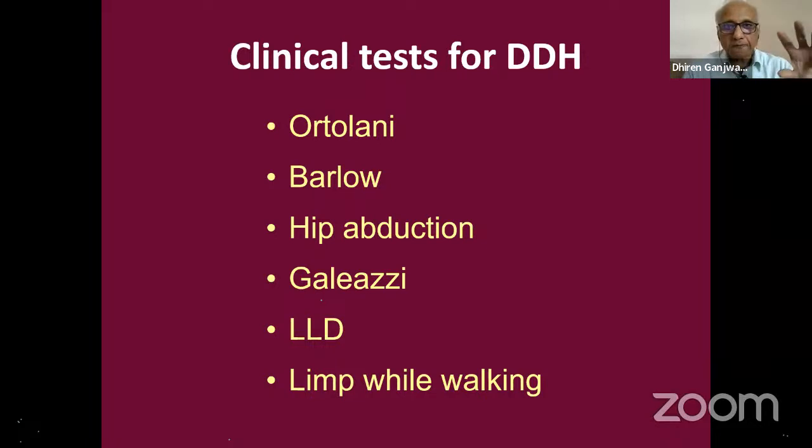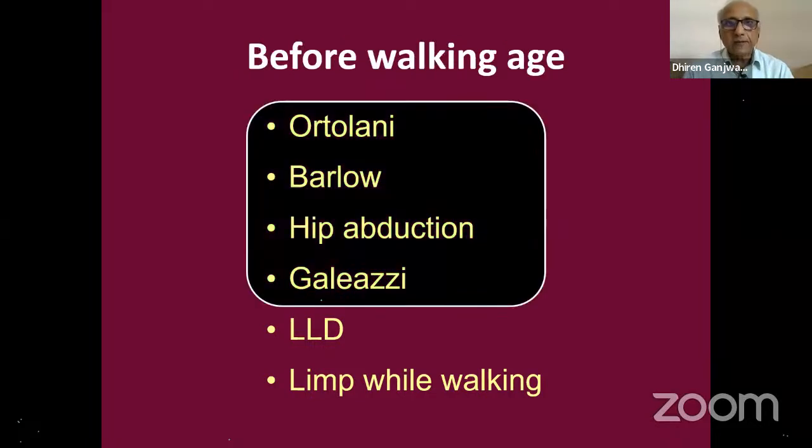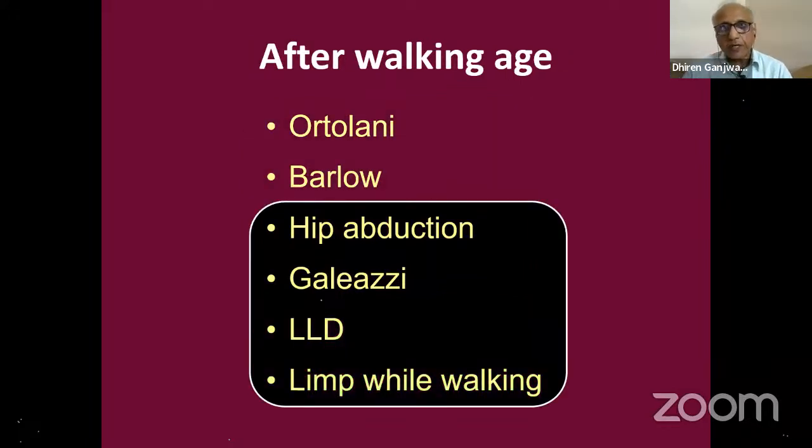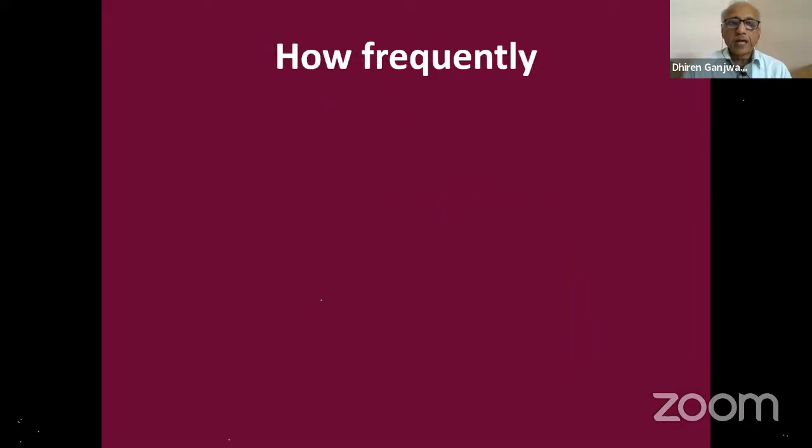So all these are the factors. Before the walking age group, we need to carry out the first four tests as a part of the examination. And for the walking age, the child who is coming to us after 12 months, after the walking age, we need to go for the below four tests. So that's very clear which tests need to be carried out.